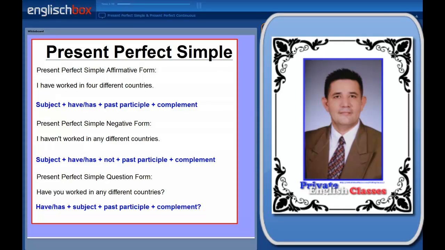Have you worked in any different countries? So the auxiliary first, followed by the subject, followed by the past participle, and then the complement. So that's the structure of the present perfect simple in the affirmative, negative, and question form.